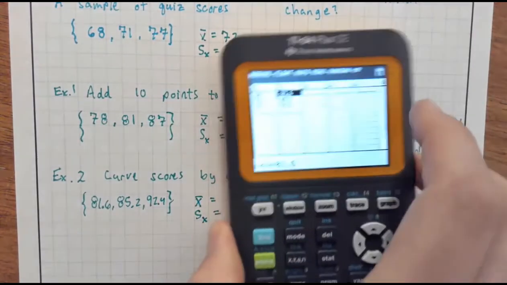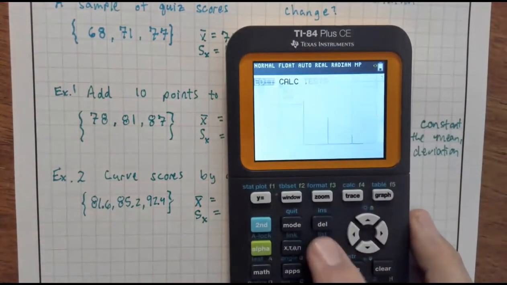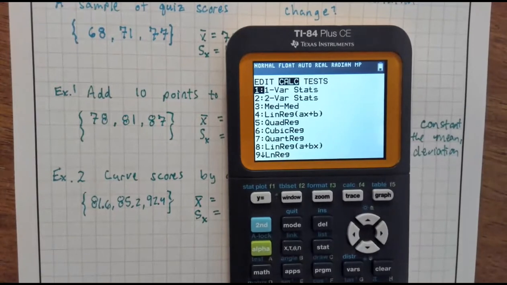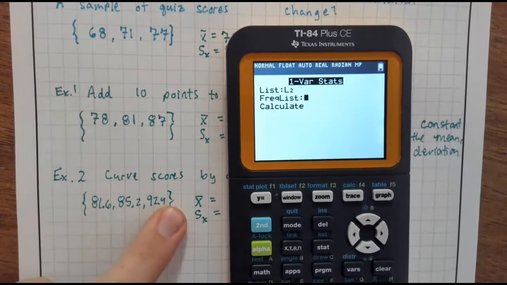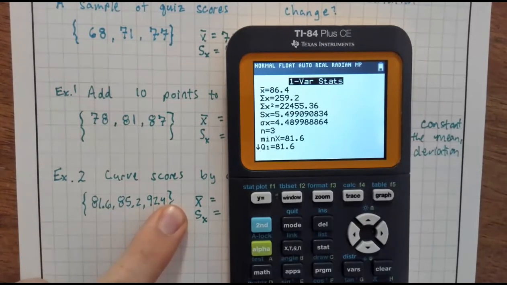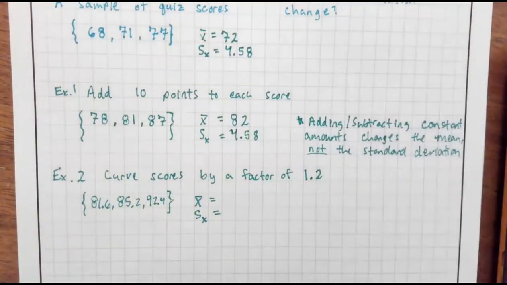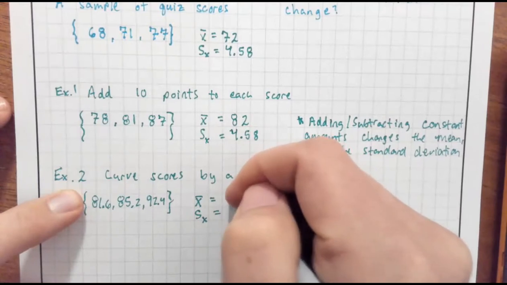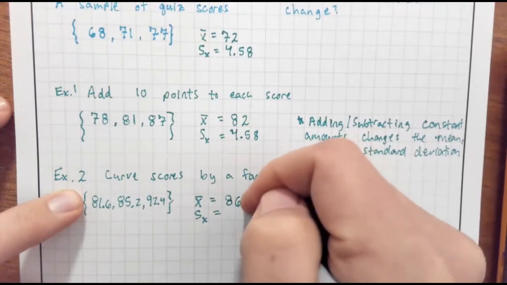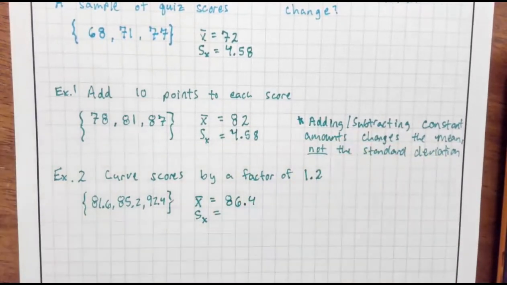Really easy to find these on a calculator. Please use a calculator, not make a table or anything. One variable statistics, I put these scores into list 2, so we're good to go. It calculates, and we have a new mean. It is 86.4.